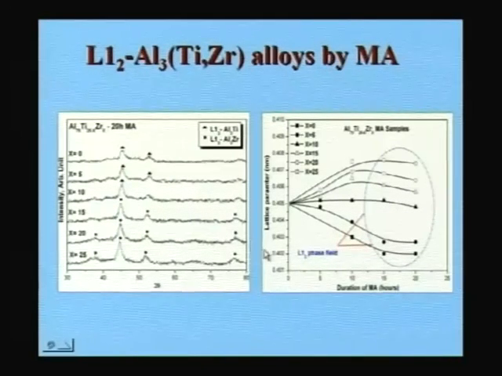Other intermetallics that can also be produced are Al3Ti and Al3Zr, particularly the L12 type of compounds. As I told you before, Al3Ti and Al3Zr usually exist in the body centered tetragonal form, BCT type of compounds, and BCT compounds are more brittle.